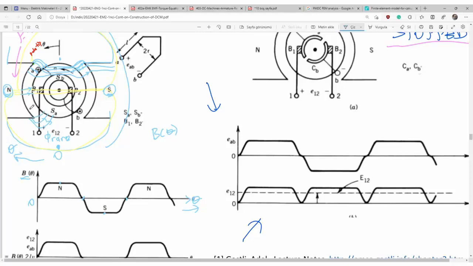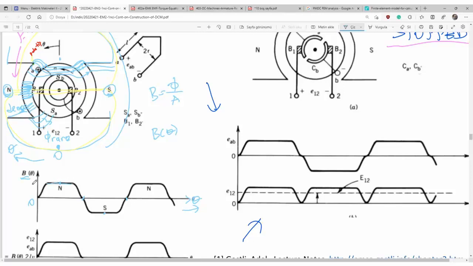But here it gets dense, more dense, because more flux over a cross-section area makes more flux density. So the flux density from here to here will be almost constant, you see.